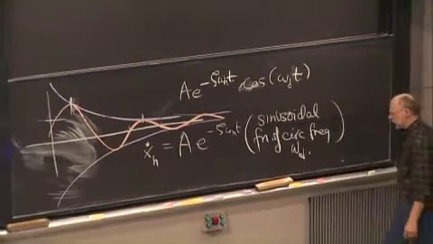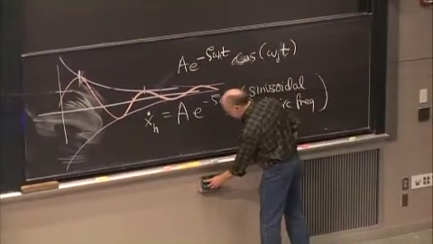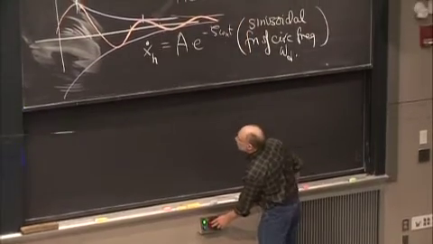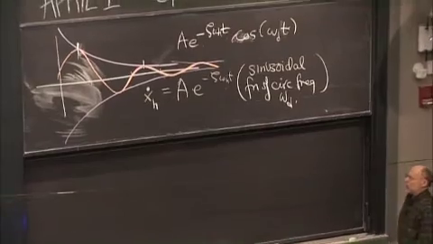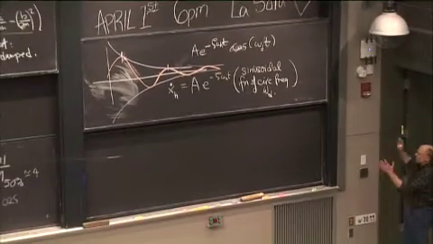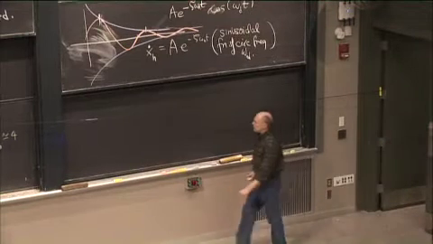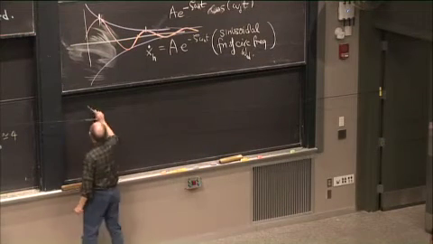We could work out exactly what it is, but I don't need to know it. That's all I need to know, because that tells me how often x dot is equal to 0. How often is a sinusoidal function of circular frequency omega d equal to 0?